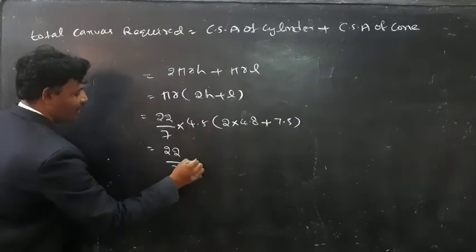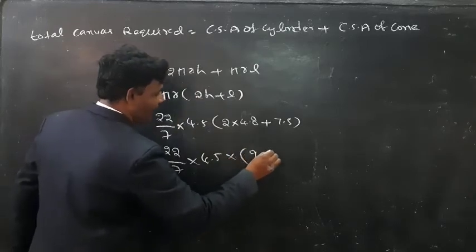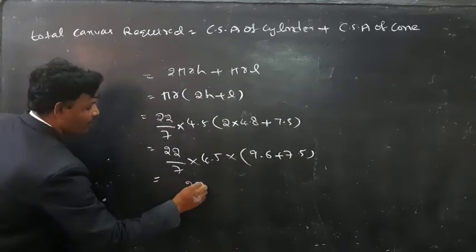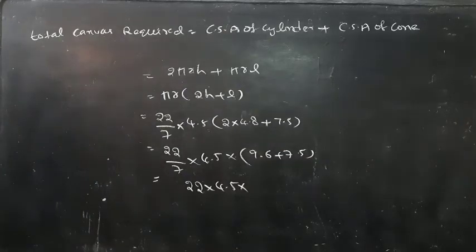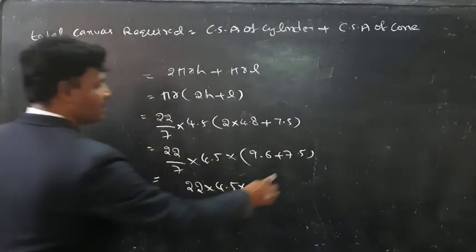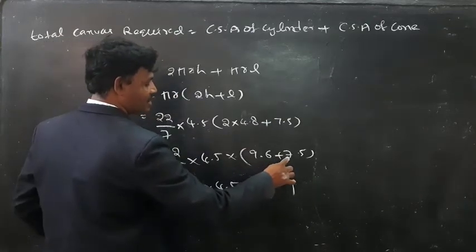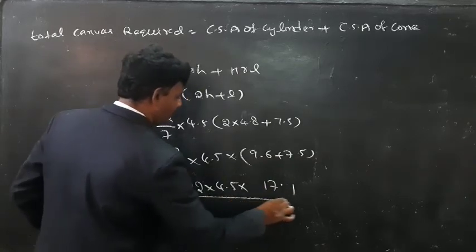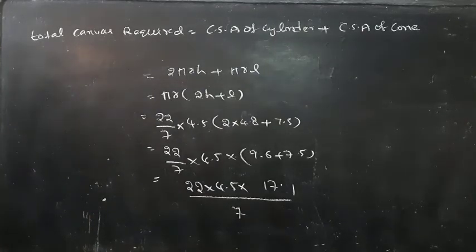So 22 by 7 into 4.5 into 9.6 plus 7.5. 9.6 plus 7.5 is 17.1. So total 22 into 4.5 into 17.1 by 7.